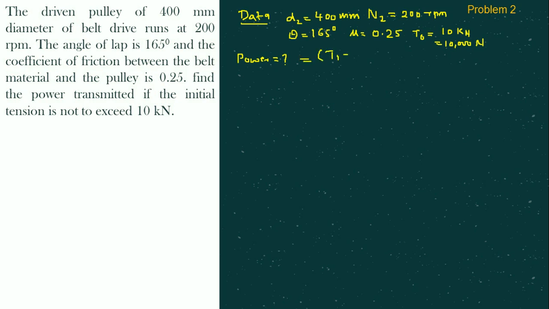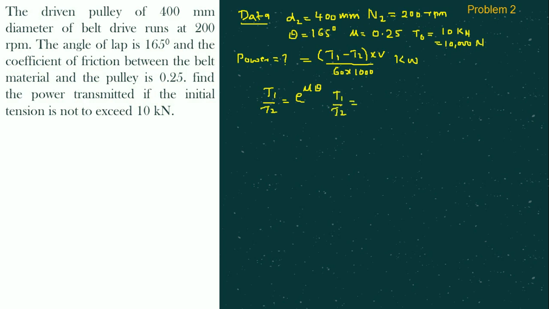So we know the power formula, that is T1 minus T2 multiplied by the velocity divided by 60 into 1000, which gives the values in terms of kilowatt. To solve this problem, we need to take the help of the formula related with the ratio of T1 by T2, which is equal to e raised to mu into theta.